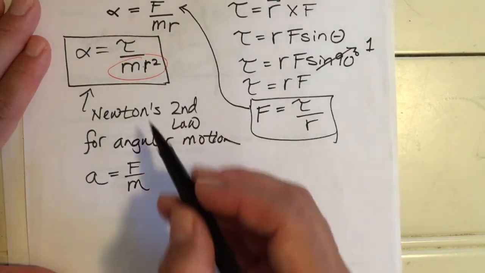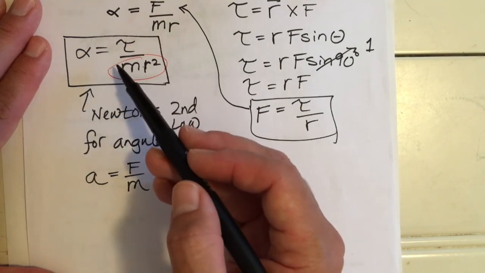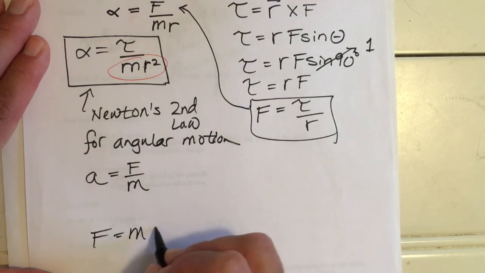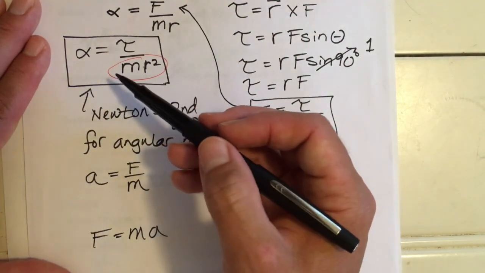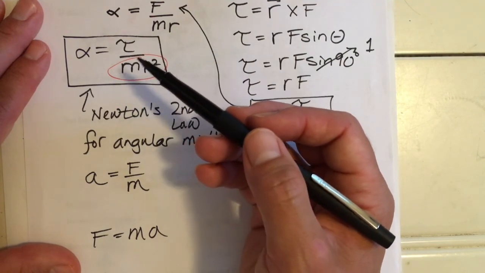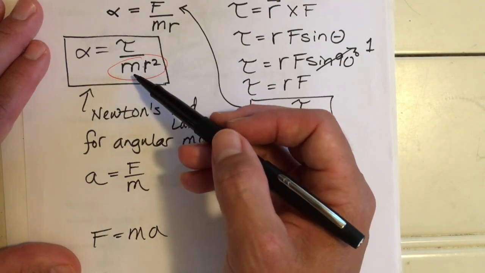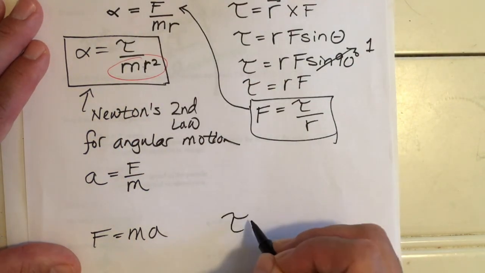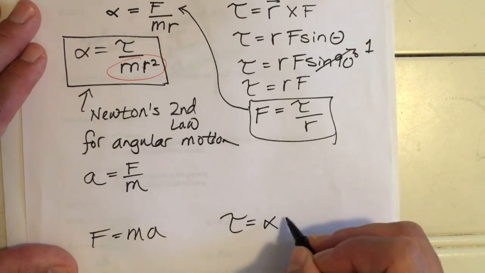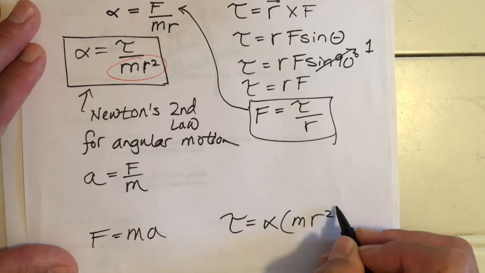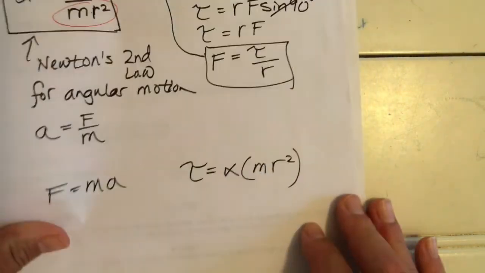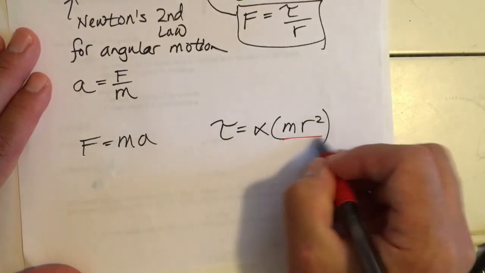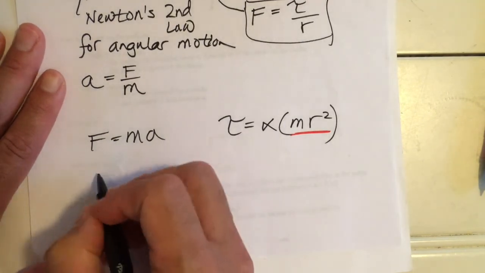Let me go ahead and rewrite this one more time. If I just rearrange this into this form, F equals ma, right? Then I would have to multiply both sides by mr squared to get torque alone, right? So I'm saying it's going to be torque equals alpha times mr squared. And so what I'm trying to say here is that this quantity right here is our angular equivalent for mass.